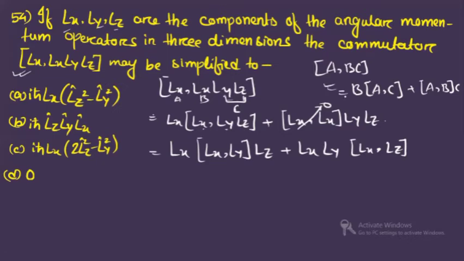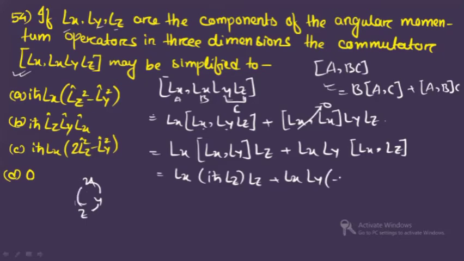Now what will you have? [Lx, Ly] is clockwise, so it is i h cut Lz, and Lz is here. Plus [Lx, Lz] is anti-clockwise because you are having x, y, z. It should be x, y, then y, z, then z, x, but it is x, z, anti-clockwise, so it will be negative. So minus i h cut Ly.